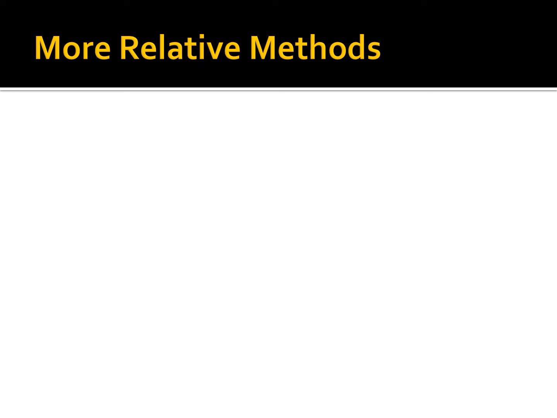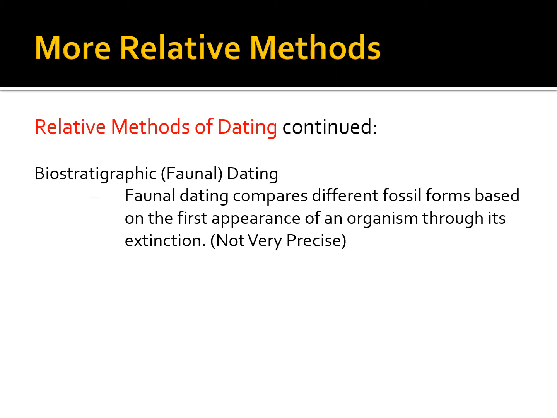So there are other relative methods for dating a fossil. We use something called biostratigraphic dating, or faunal dating. This compares different fossil forms based on the first appearance of the organism through its extinction, and assumes a relatively constant rate of reproduction. So in essence, this particular method is not very precise.